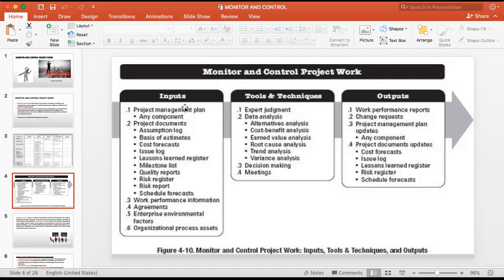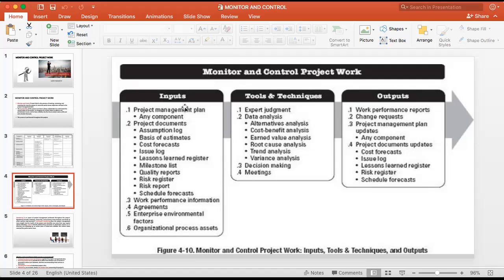And what else? Now if you see all these subsidiary plans, scope, schedule, cost, quality, risk, stakeholder engagement, communication, procurement, all these things generate work performance information.